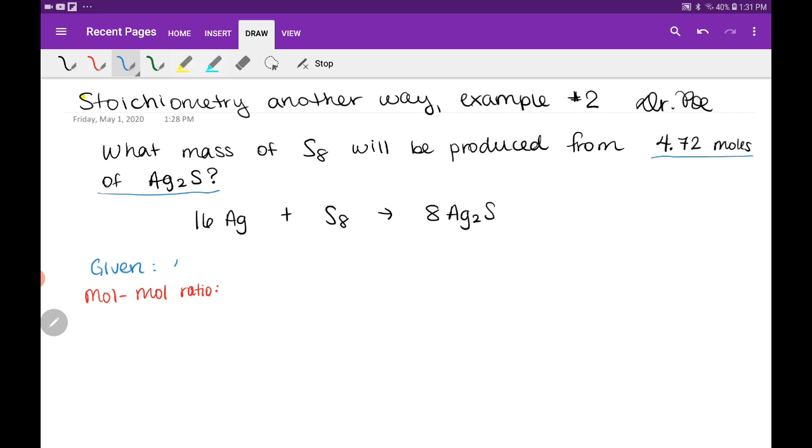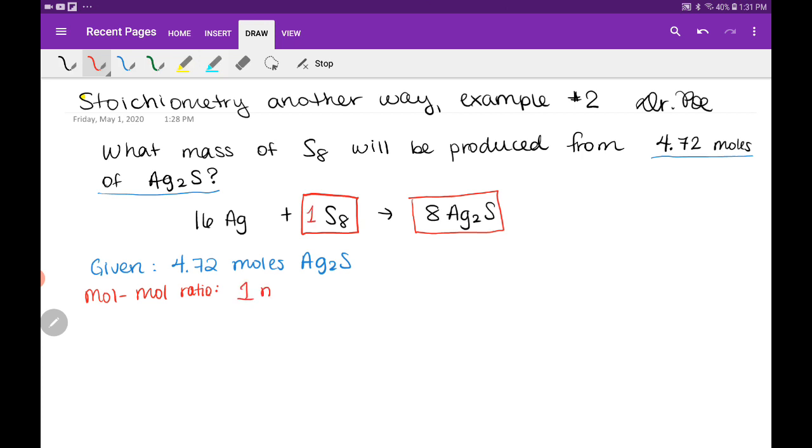Okay, so the given from this problem is 4.72 moles of Ag2S. And our mole ratio here is we're looking at Ag2S and we're looking at S8. S8 doesn't have a number in front of it, so we know that that's 1.